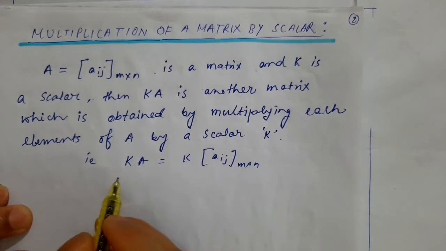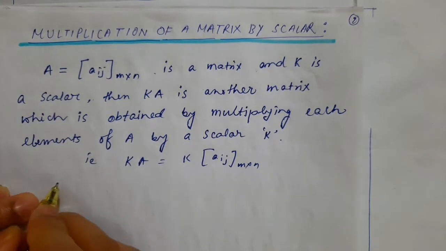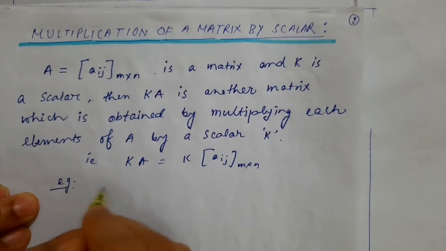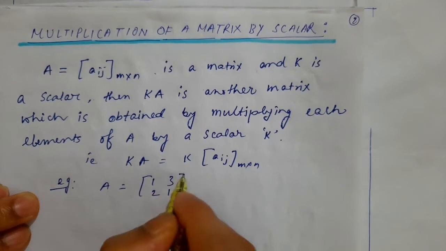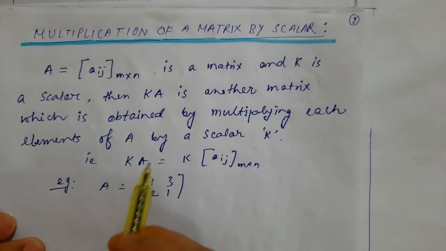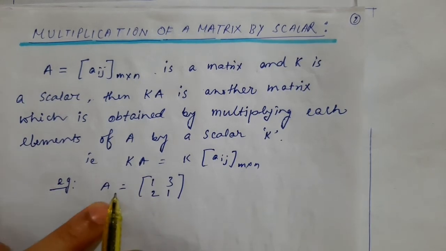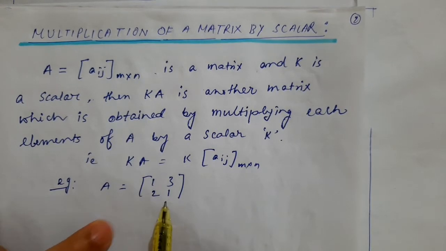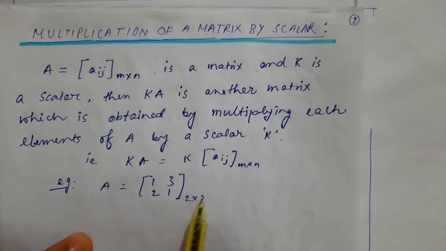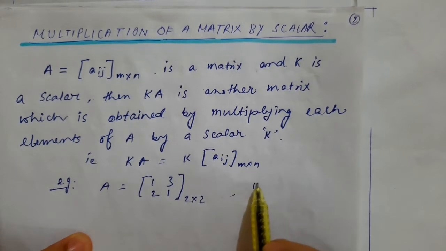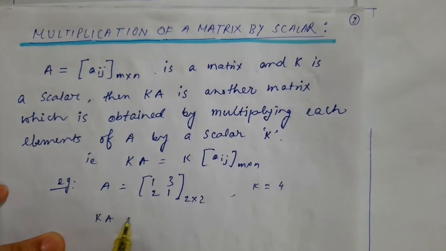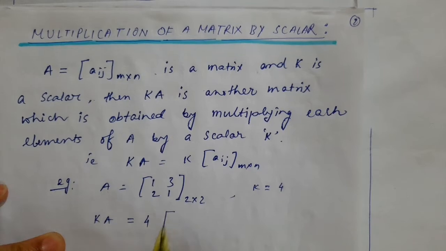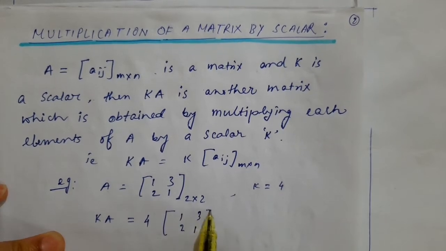We will make this clear by taking an example. For example, we are taking a matrix A as 1 3 2 1, a matrix of order 2 by 2, and we will take a scalar, suppose K equal to 4. What is the value of KA? We are putting the value of K as 4 times 1 3 2 1.